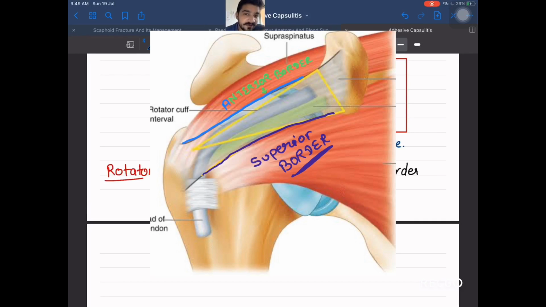So, the rotator cuff interval is a triangular region between the anterior border of supraspinatus and the superior border of subscapularis. And one more thing, the biceps tendon is also a part of this rotator cuff interval. Just remember that also. So regarding the content of the rotator cuff interval, it includes the coracohumeral ligament, biceps, and the superior glenohumeral ligament as well. These are the content of the rotator interval.